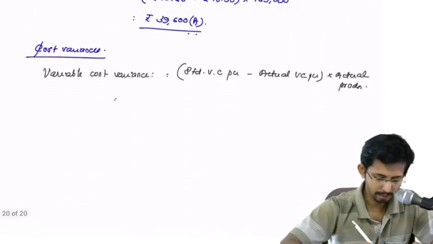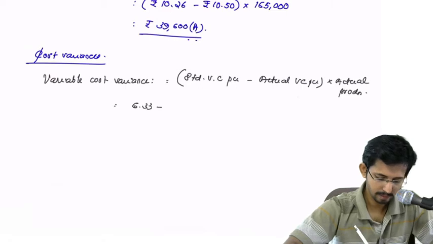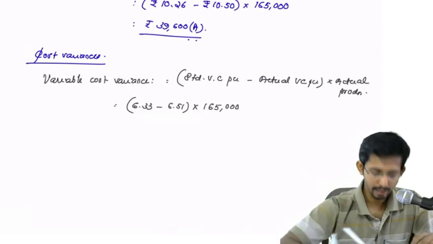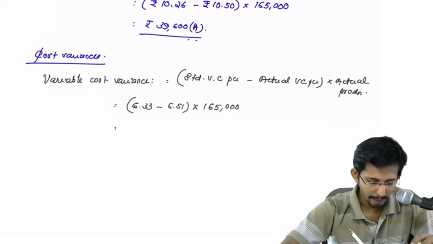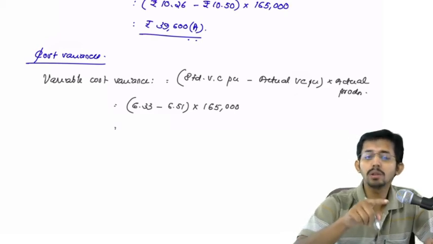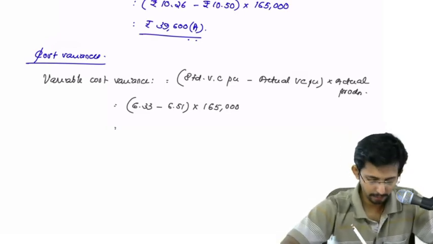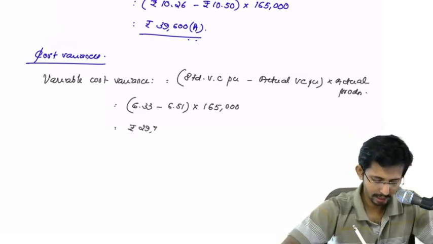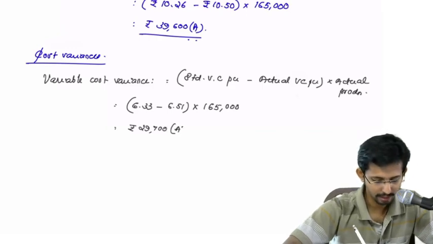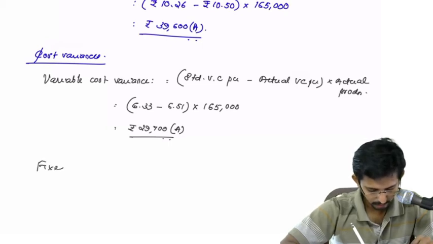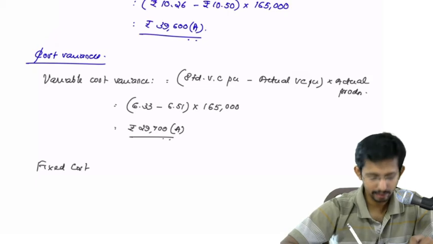So 6.33 minus 6.51 into number of units 1,65,000. Actual cost increased from the standard, so it will be an adverse variance. So this will be rupees 29,700 adverse. Next you have fixed cost expenditure variance.